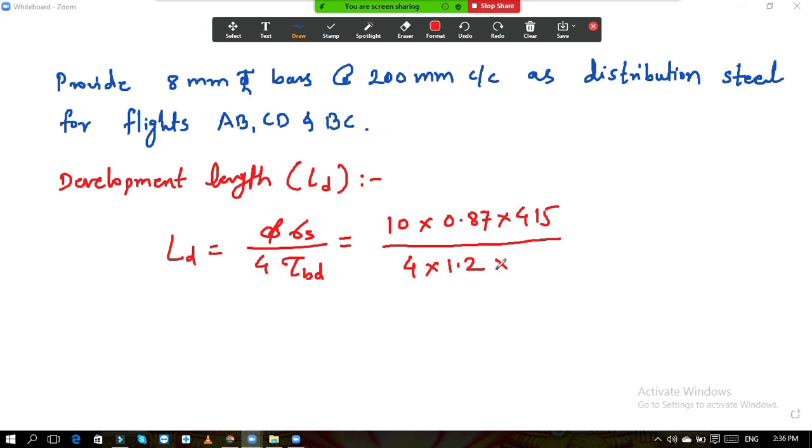In tension, if the bars are in the tensile zone, we will increase it by 60%, so multiply it by 1.6, then you will get this development length.